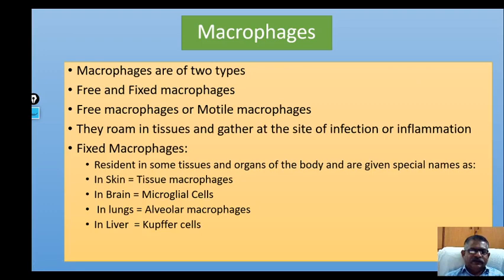Fixed macrophages are resident in a particular tissue or organ and are given special names. In skin, they are called tissue macrophages. In the brain, microglial cells. In lungs, alveolar macrophages. In liver, Kupffer cells.